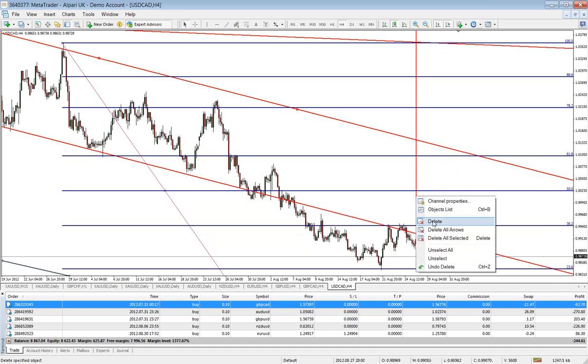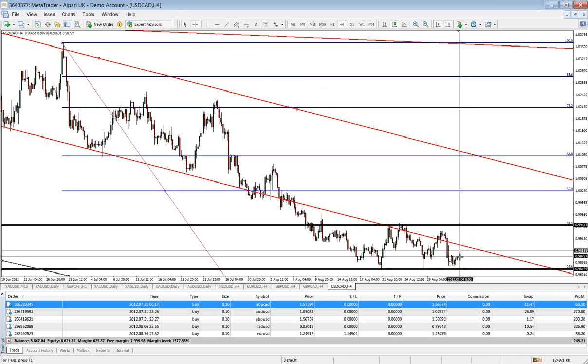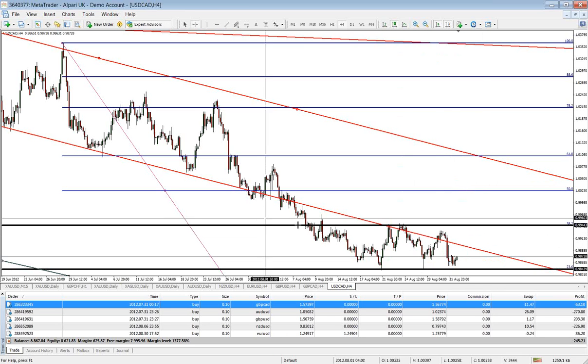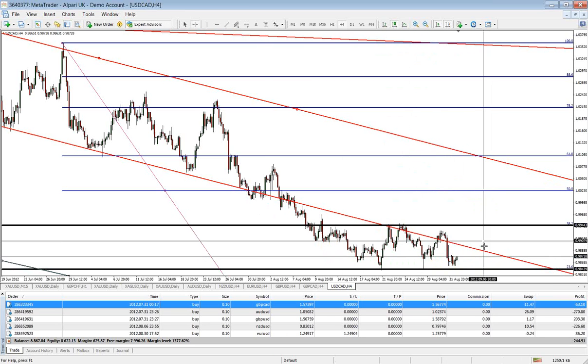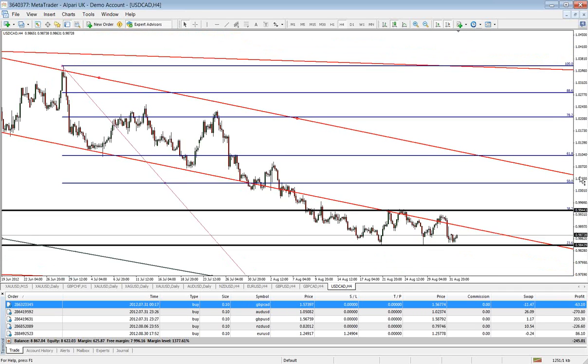So let's mark these two levels and watch for the market to break on the upside or the downside. This is basically the range that we might expect on the United States Canadian dollar currency pair, unless we break on the downside or upside.